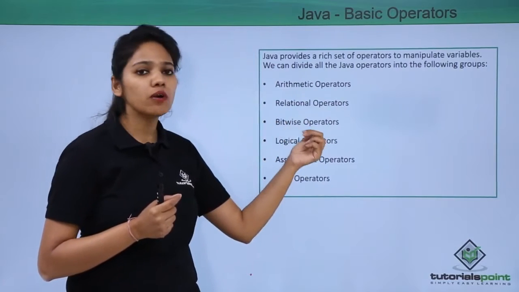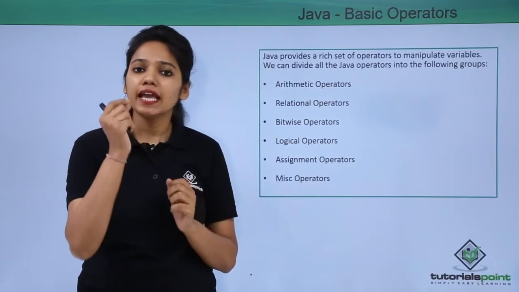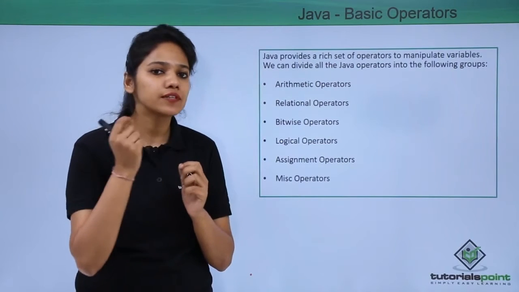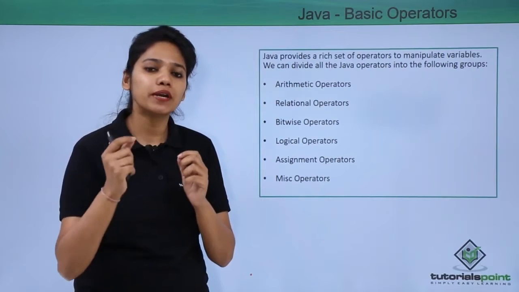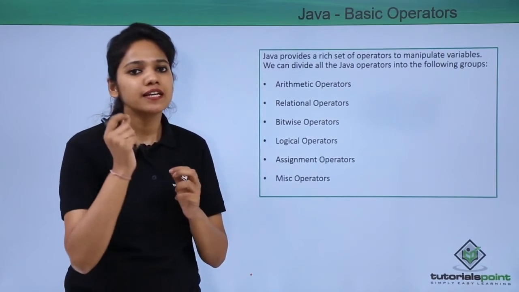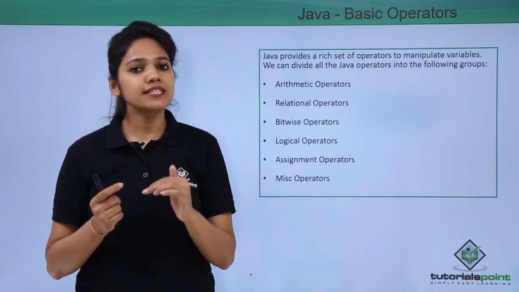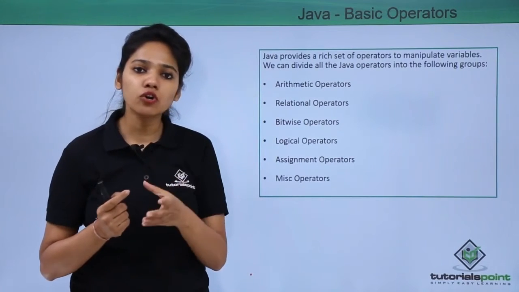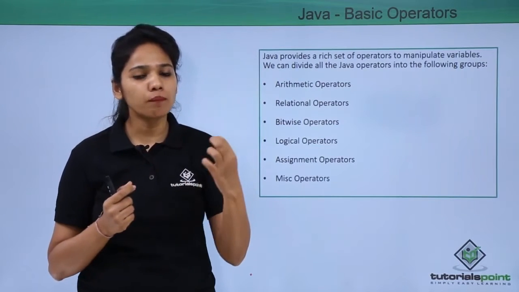The next one is your bitwise operator, where every operand has a certain value and this value is converted into bits, that is, represented in zeros and ones. And how will it calculate? It will calculate AND, OR or XOR operations over these bit values of the operands.